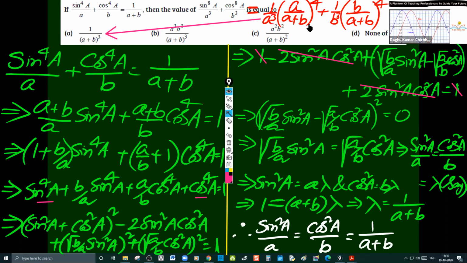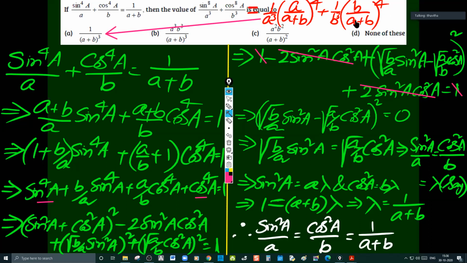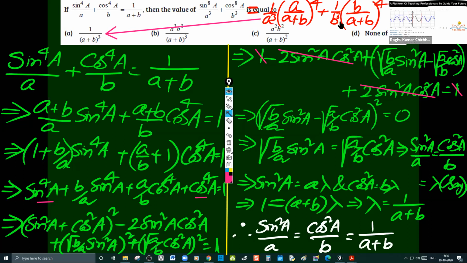That means you need this substitution also. No, sir. So what is A power 4 by A cube? A. Correct. What is B power 4 by B cube? B. What is remaining in the numerator? Because both the denominators are same, A plus B whole power 4 is the LCM.